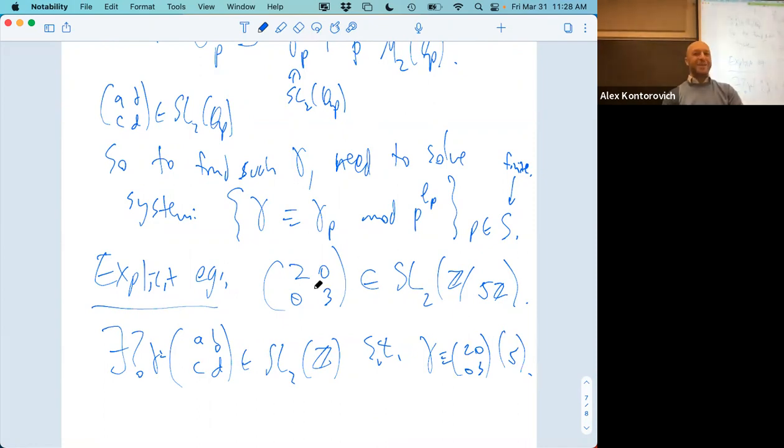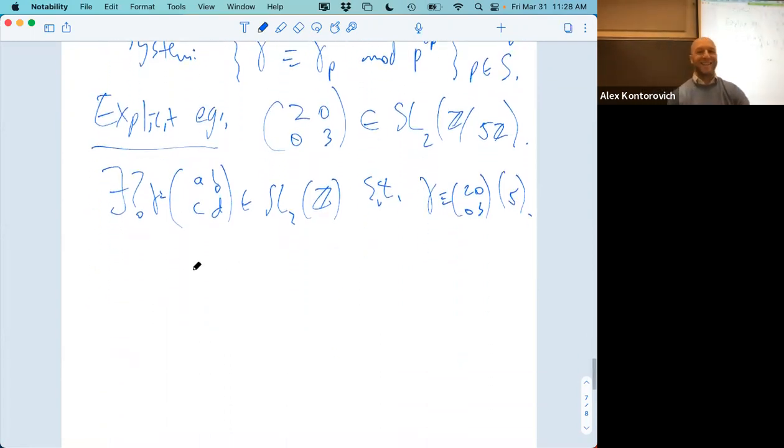Right, this seems like, wait a second, this is in SL2 Z mod 5 only because 6 is 1. That doesn't mean I'm going to be able to lift this to the integers. How? 2, 5, 1, 3 will get us a 6 and a minus 5, but this 1 is not 0 mod 5.